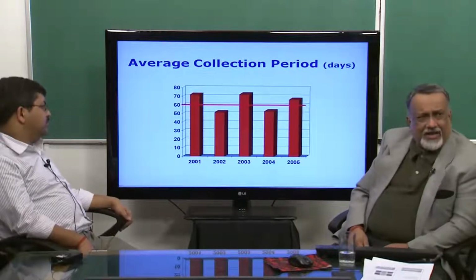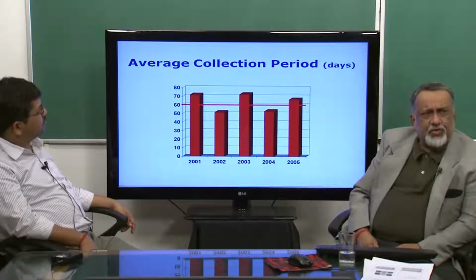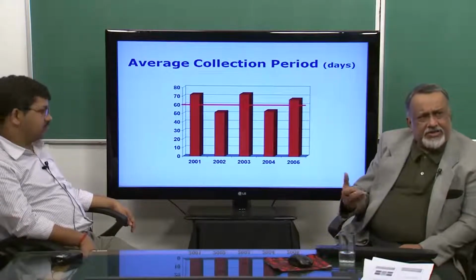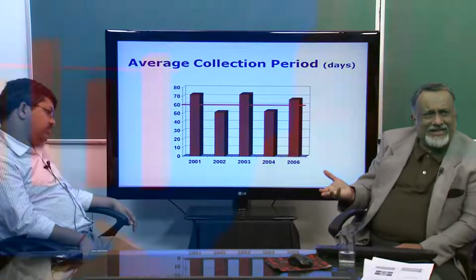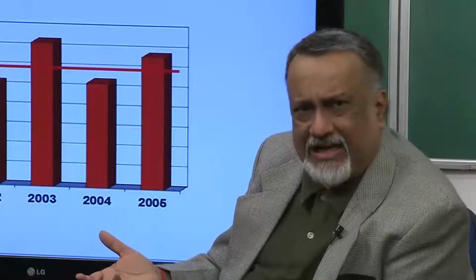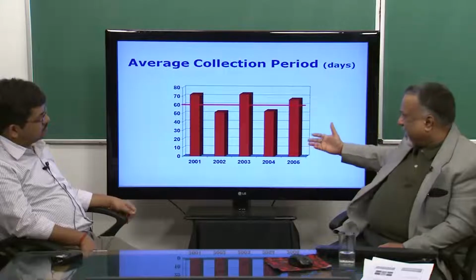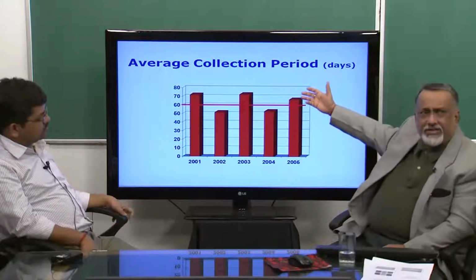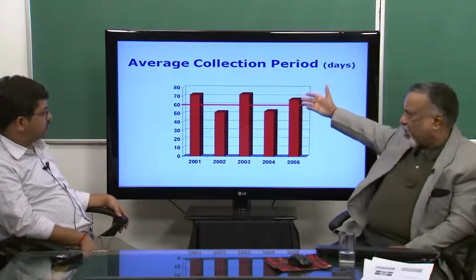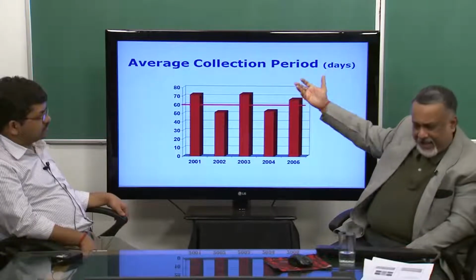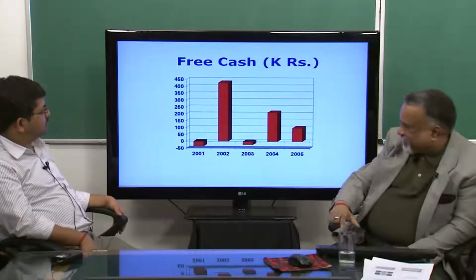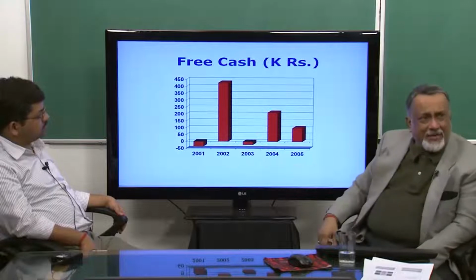But it is not always true that a better current ratio, that means having more current asset, is a strength. Often it actually is a weakness. This is a depiction of that as your collection period goes up. You may have a lot of customer receivable, but ultimately what makes sense is to have money in your bank.